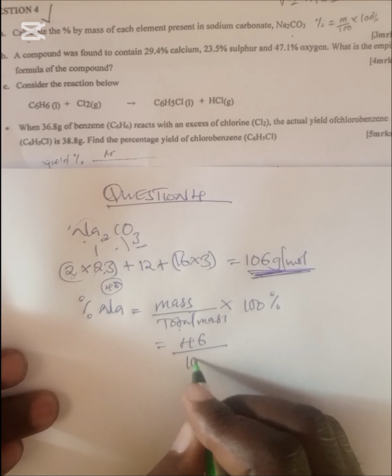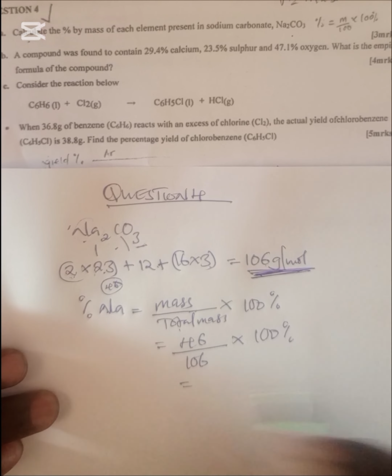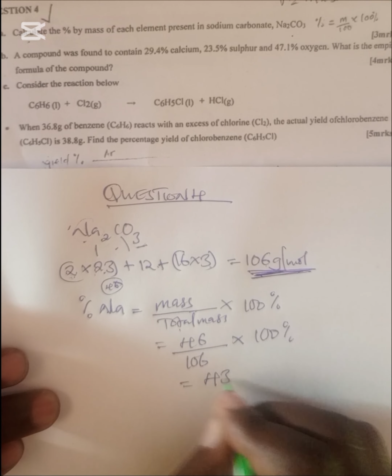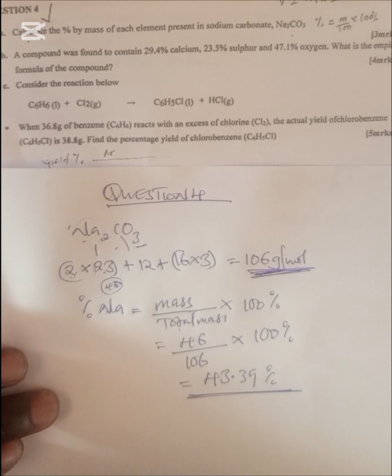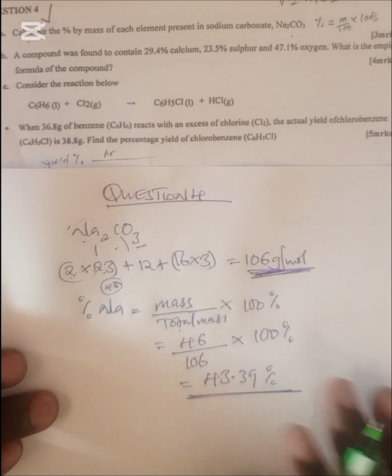The total mass is 106 multiplied by 100%. When you type everything in the calculator, this will give you 43.39%. So this is the percentage in terms of mass of sodium in sodium carbonate.